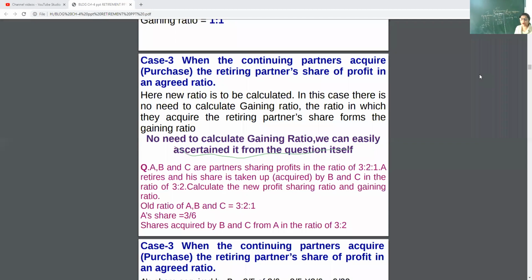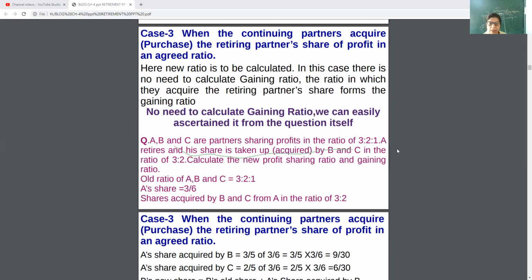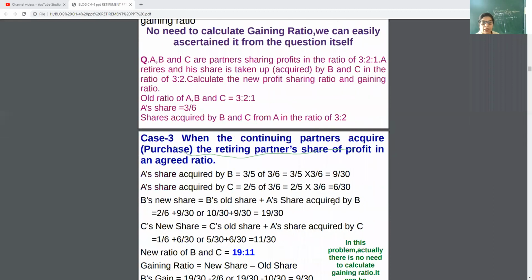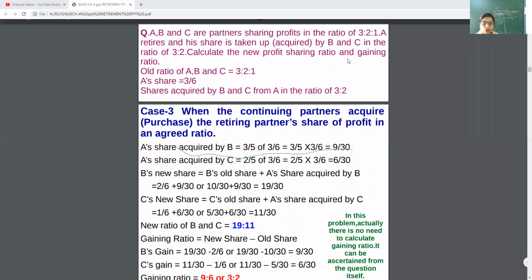Okay, so see how to do it now. A's share is 3/6 and this 3/6 is taken by B and C in 3:2.